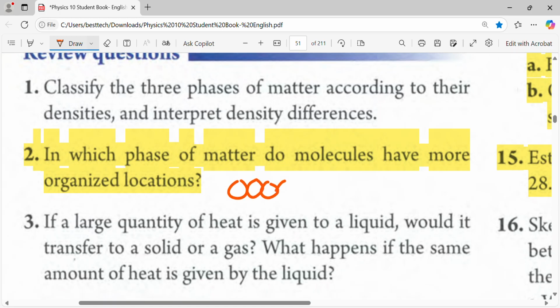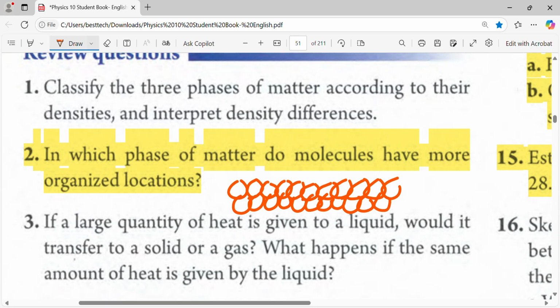They are regular. Look at the structure, the particles, the atoms, the molecules, they are combined and so regular. Atom and atom, molecule and molecule, next to each other. They are arranged. That's why the structure of solids is regular and organized. So the answer is solid.